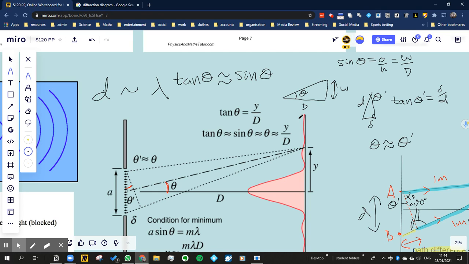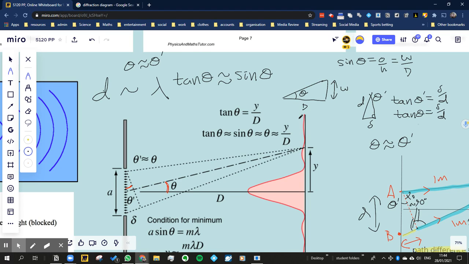Now, because these thetas are roughly equal to each other, we can say that tan of the other theta must therefore also equal the path difference over the gap between the two fringes.